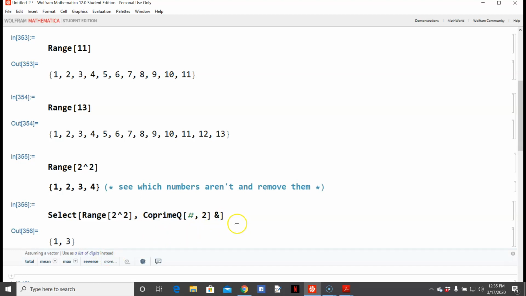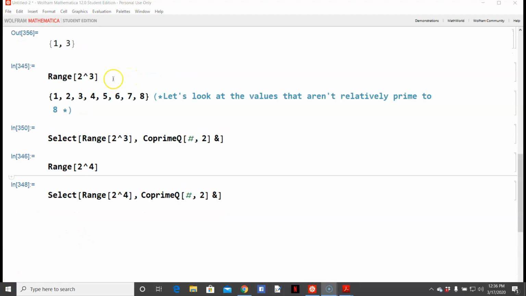Now, at the beginning of this video lecture, I mentioned I would be using commands in Mathematica that would look very unfamiliar. This is probably the first of those. Don't sweat it. It is not something that you will ever need. I am just using it so it will rapidly give me the numbers 1 and 3 rather than having to type them out individually.